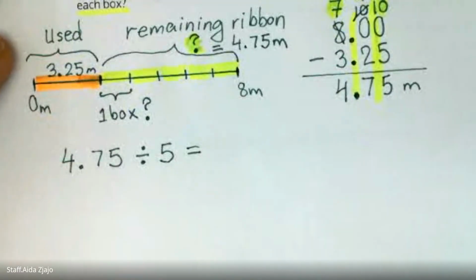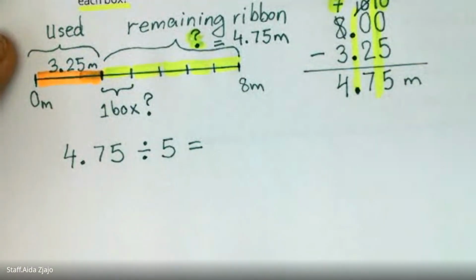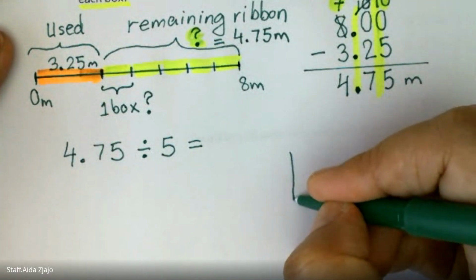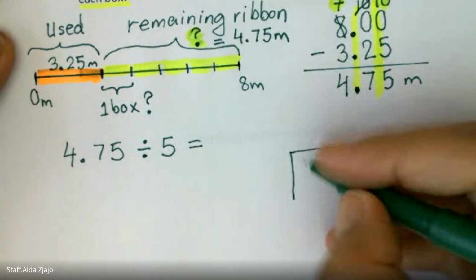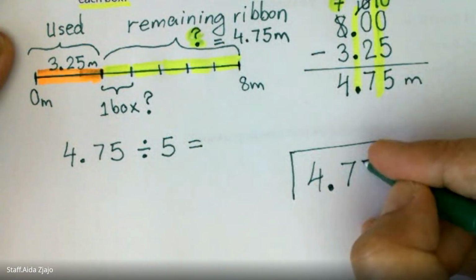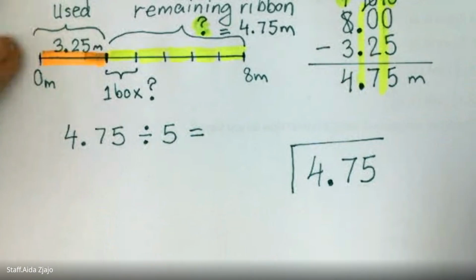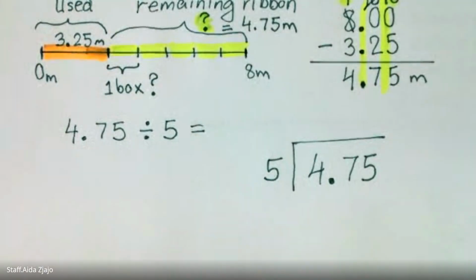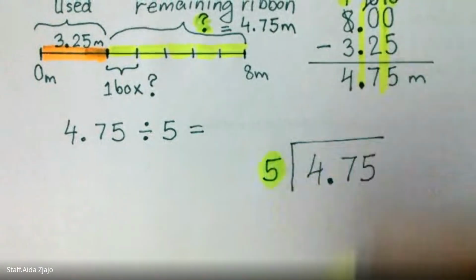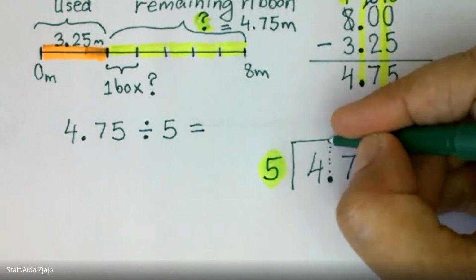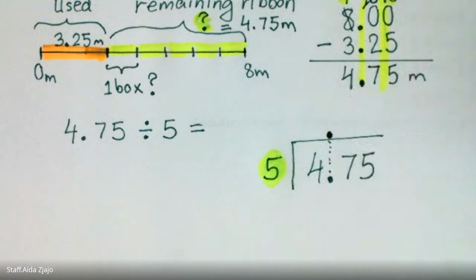We can use the standard algorithm. We will make groups of 5. My group is 5 wholes. My decimal point will appear right above where it used to be.